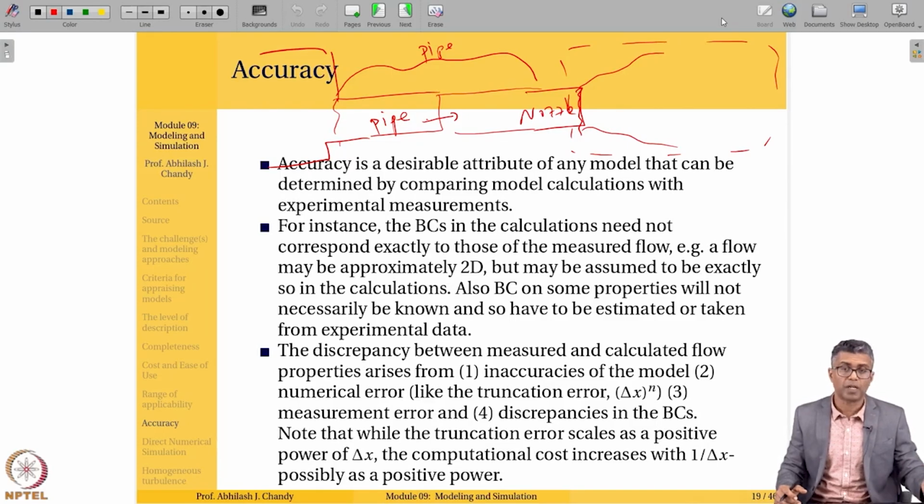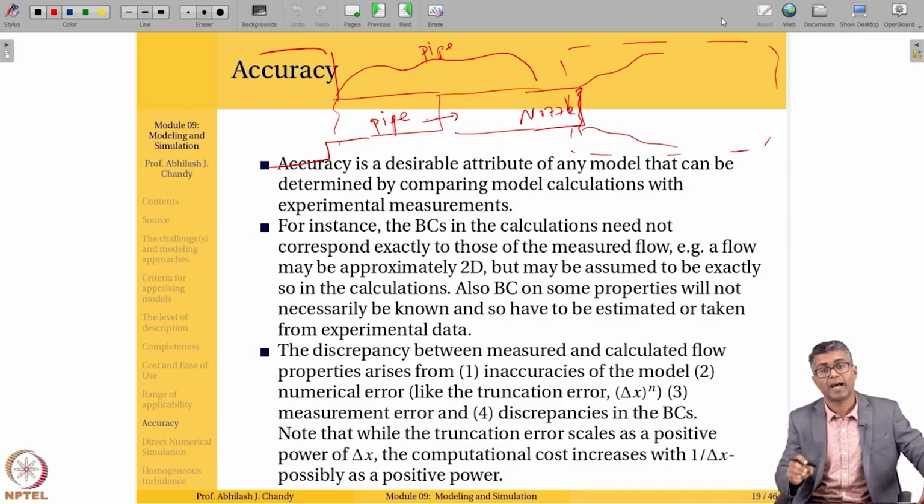You cannot use the instantaneous, or are you going to be using the mean plus some fluctuation determined by the RMS of the velocity obtained from the experiments? Now, why only restrict yourself to RMS? Why not go to third order? Why not go to fourth order? Right? So you will have to make some approximations there.